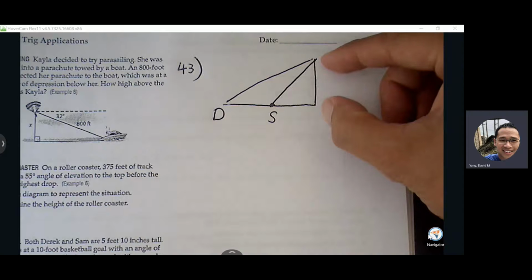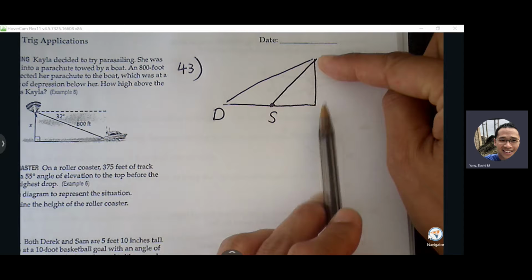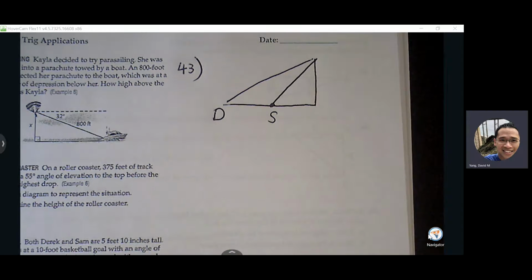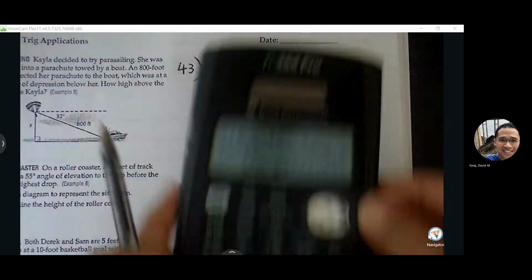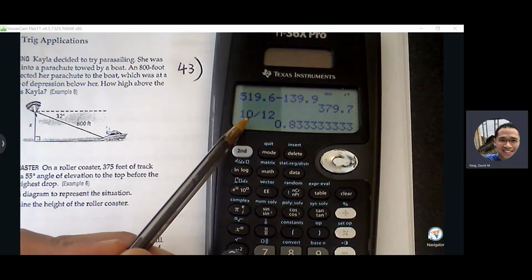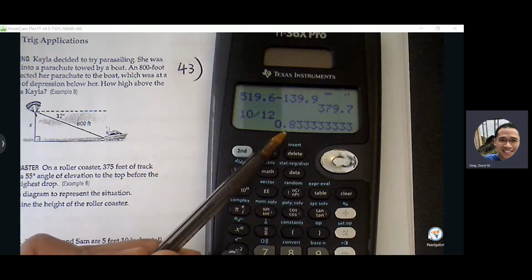Now, the height of this triangle is going to be the difference between the goal and the height of the players. So we're going to do 10 minus 5 feet 10 inches tall. So 10 inches, we know that 12 inches make up a foot. 10 inches out of 12 is 0.83.